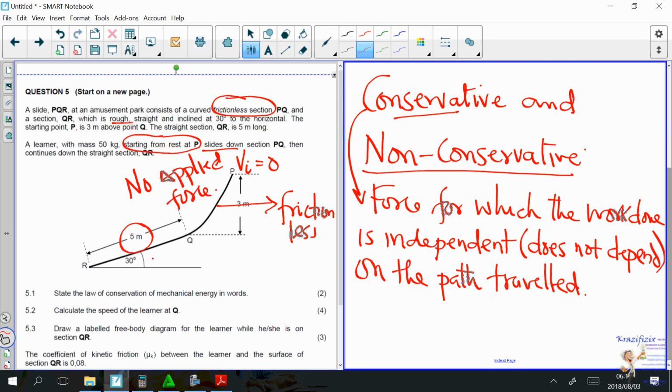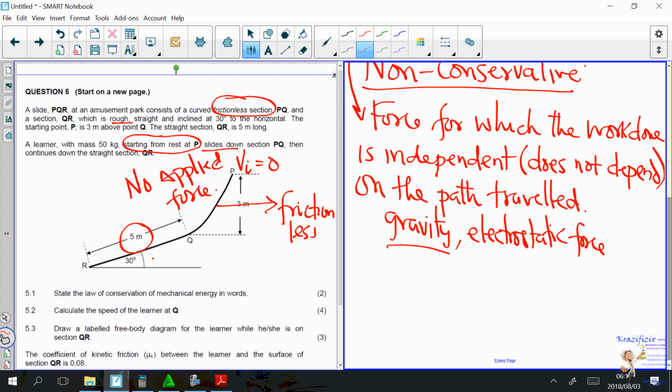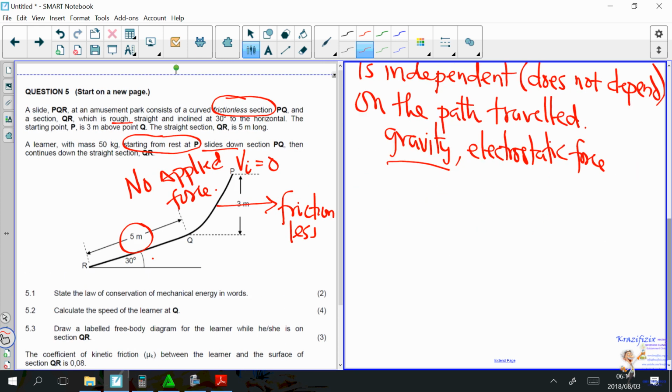An example of this force is simply the force of gravity. Another example is your electrostatic force. But just in this question, we're going to deal with gravity alone. So a conservative force is a force for which the work done is independent of the path traveled. What is non-conservative, therefore?